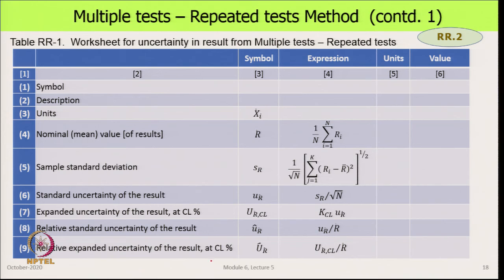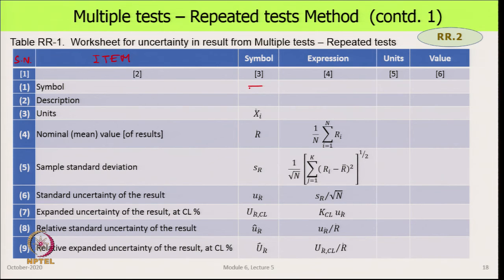So, this table is slightly different from the other ones, in that here we have the symbol, the expression, units and value. So, this one here is what is the item we are looking at, and here the serial number. So, in the first row we have the symbol.